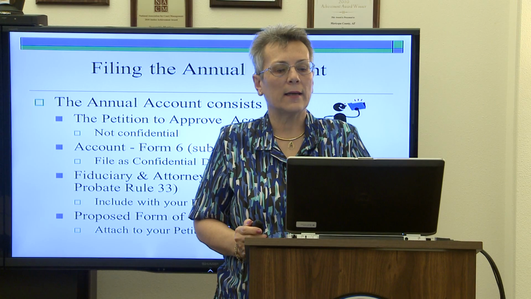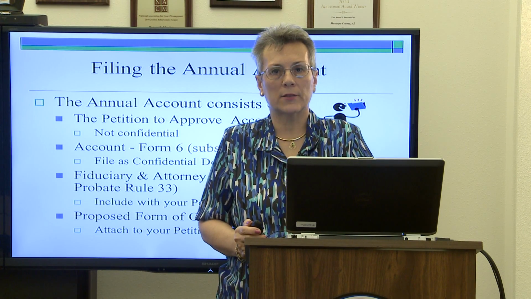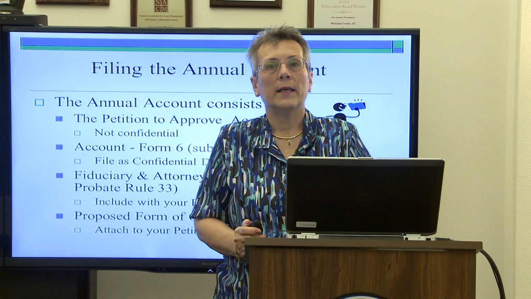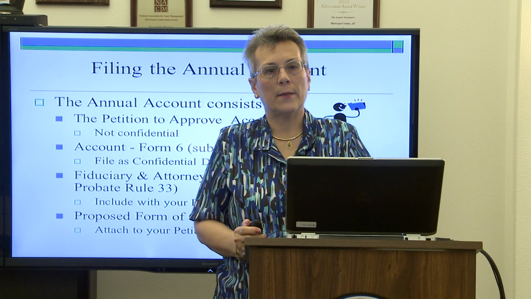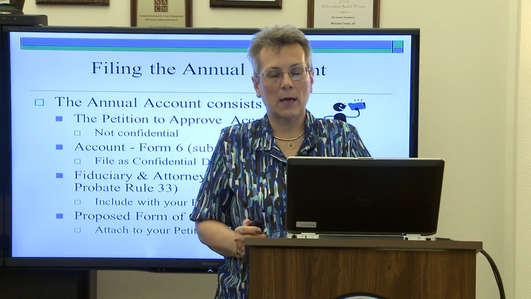You will file that as a confidential document along with the itemized transaction log. If you have fiduciary and attorney fee statements, you should submit those at the same time that you file the accounting. If you don't have the fee statements and you have the accounting ready, that's fine, you can file the accounting.